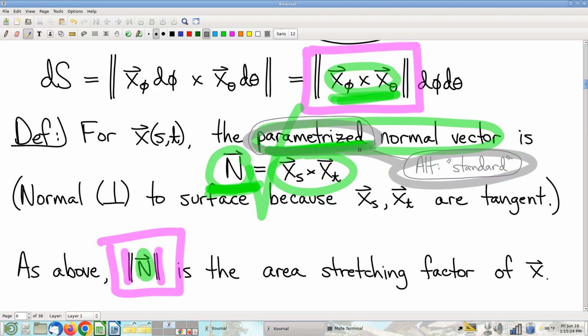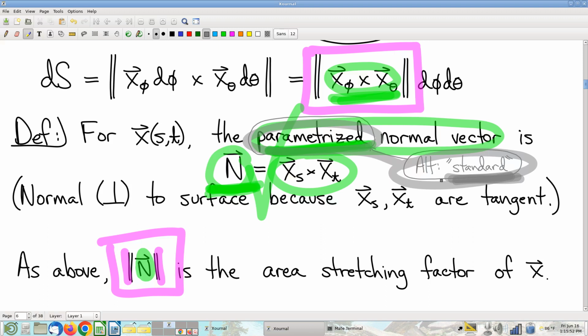All right, it's just words. It's nothing to get upset about. But my quibble with calling it standard is it makes it sound like it's intrinsic to the surface, and it's not. What I'm calling capital N, the parameterized normal vector, is intrinsic to the parameterization.